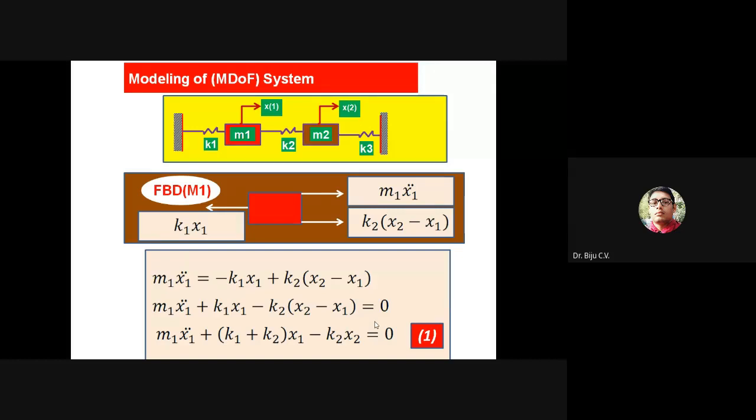But if X2 is less than X1, the spring K2 will be compressed and there will be a pushing force towards the left. So we are assuming that X2 is greater than X1 and we are making the first equation, M1 X1 double dot. It's a very familiar equation in vibration.